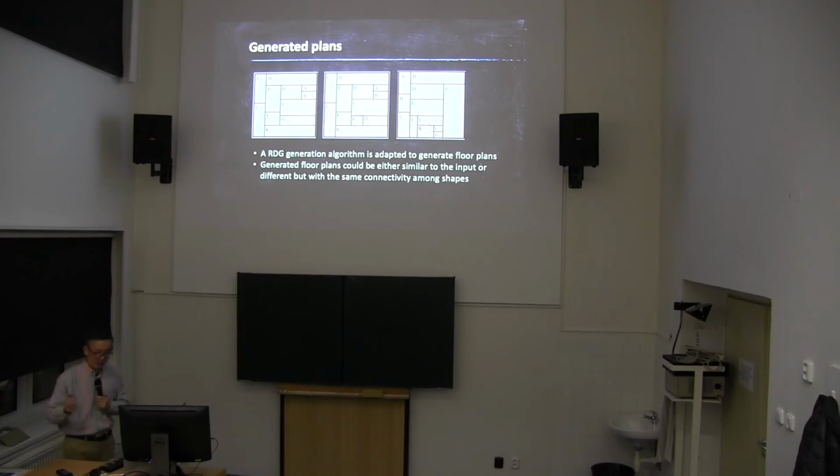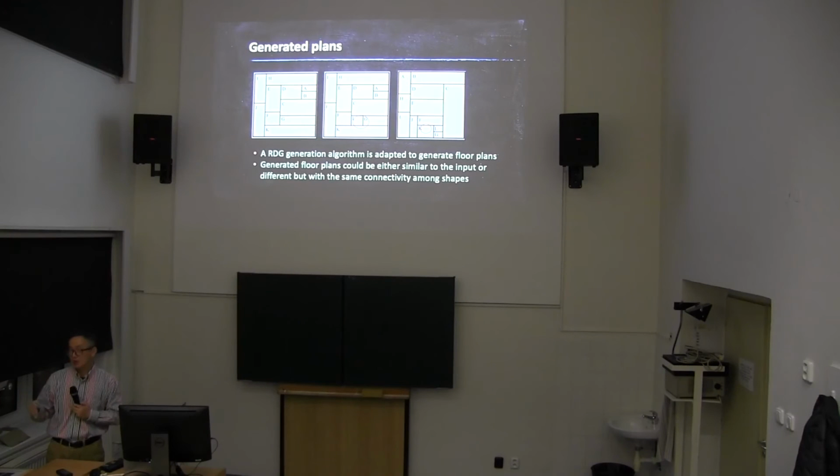So we assume that you may want to do this. You have an existing floor plan. Now, please give me all different floor plans that have exactly the same connectivity as my input floor plan. Okay? The rooms neighboring each other are exactly the same, but the layout is different.